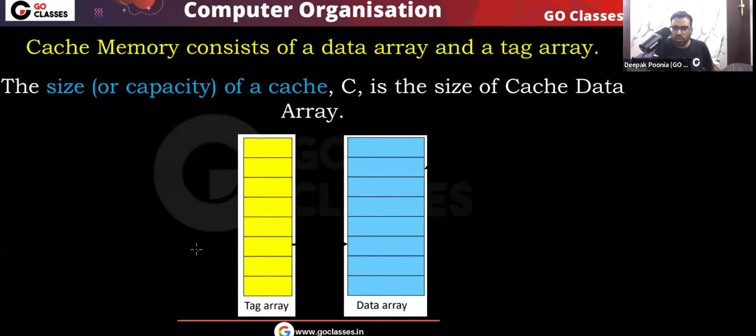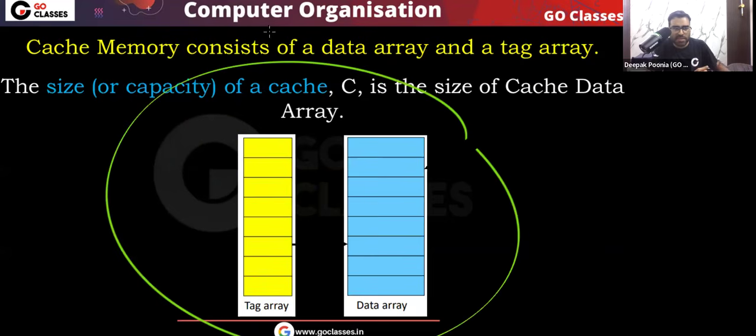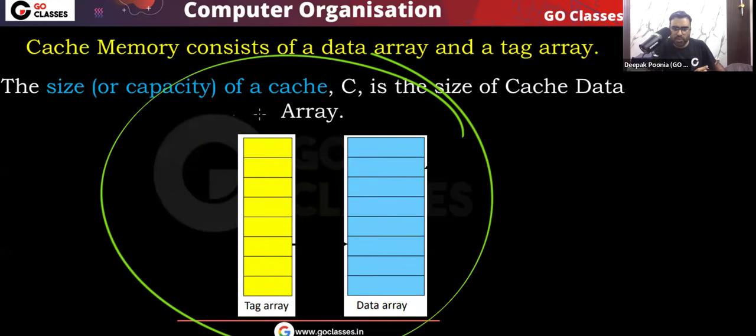Now the question is asking how many total bits will be required to store all the tag values. So what we need to do? You need to find corresponding to one cache line how many tag bits are required, and then you multiply with the number of cache lines. Very simple. Remember, in this entire cache memory there are two parts: tag directory and data array.